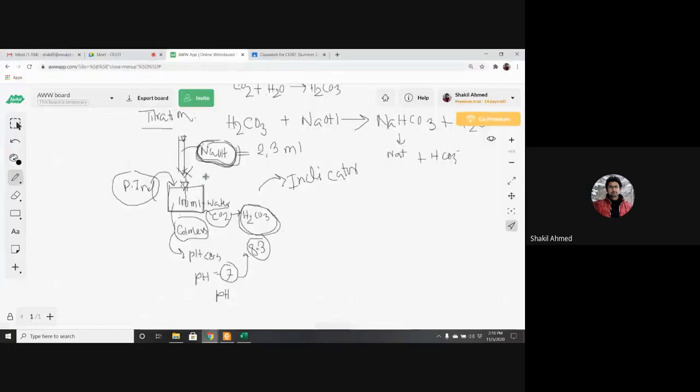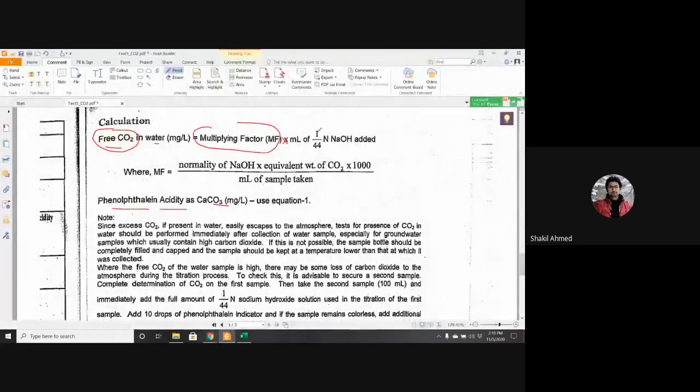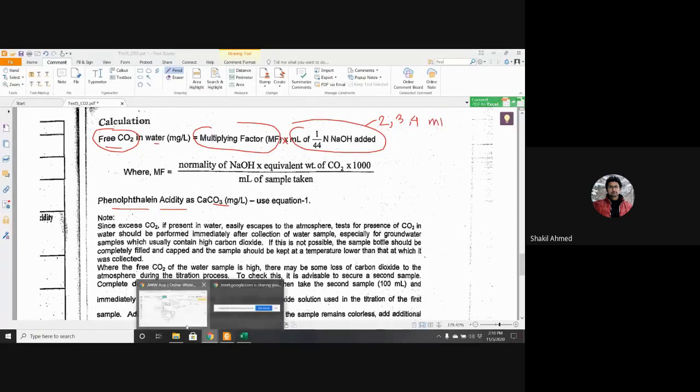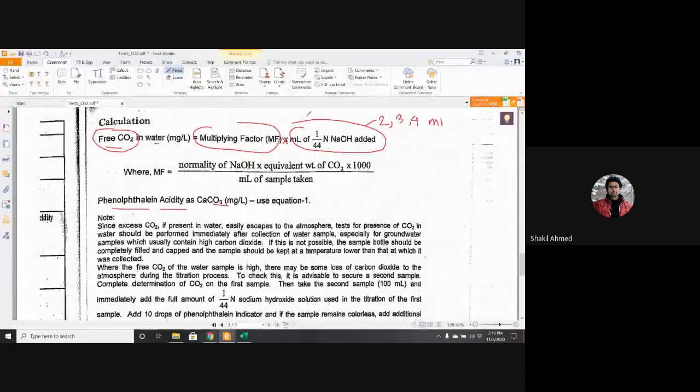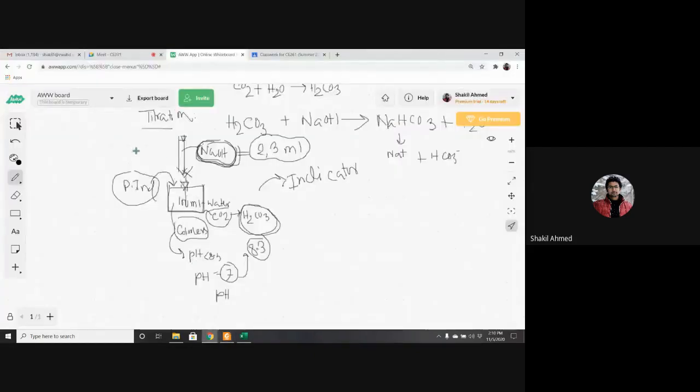That means this 2 or 3 ml, whatever volume of sodium hydroxide you have added, is this value. Now why 1 by 44 normal? Because it is a standard test, and the test standard tells you to use 1 by 44 normal sodium hydroxide. This is a measure of the concentration. Clear?